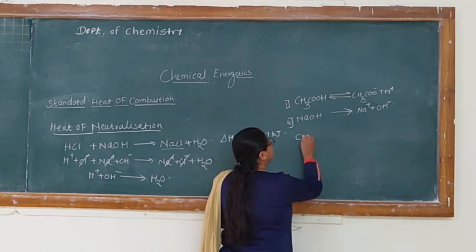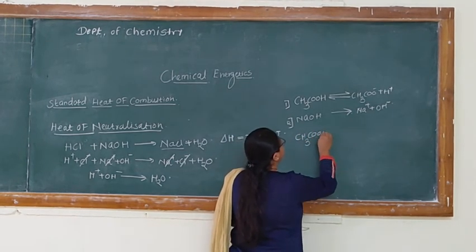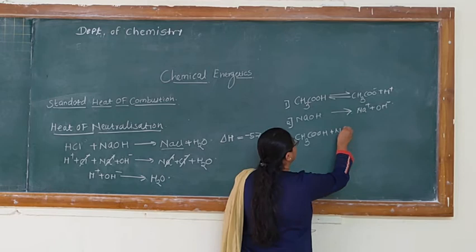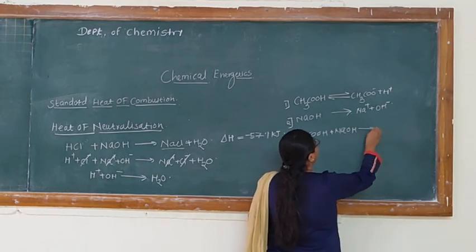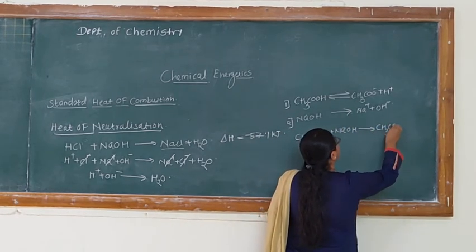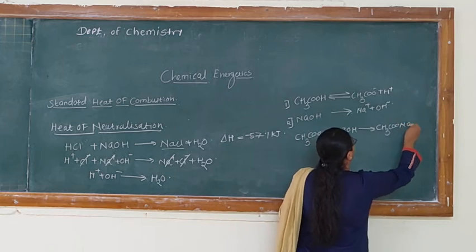So the reaction between acetic acid and NaOH gives sodium acetate and water.